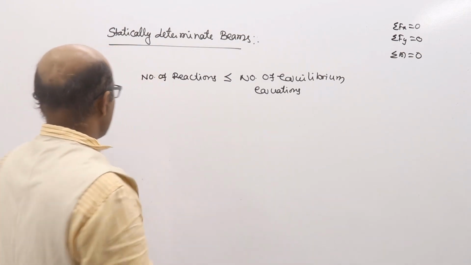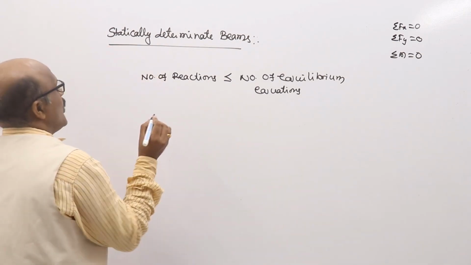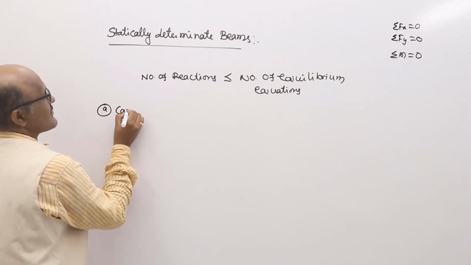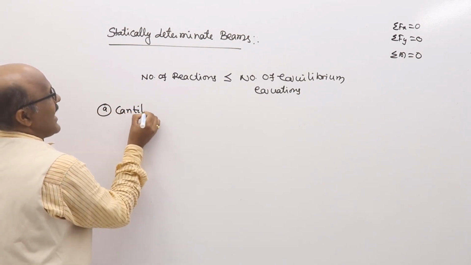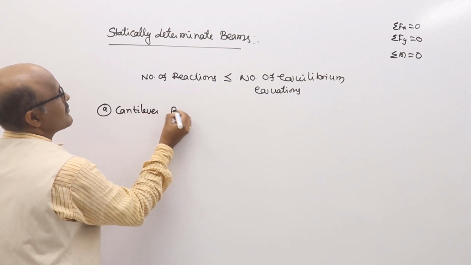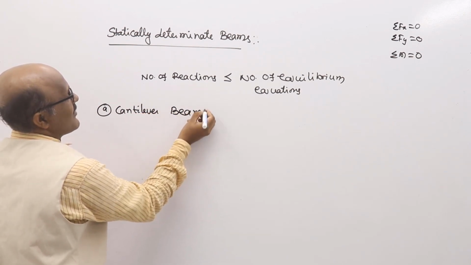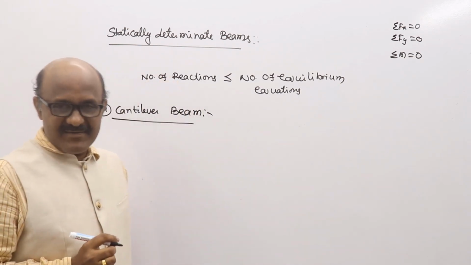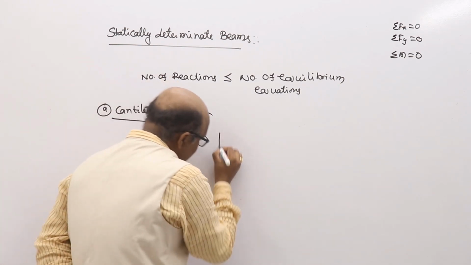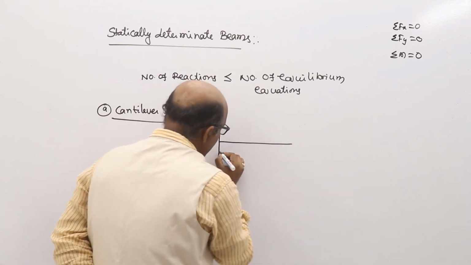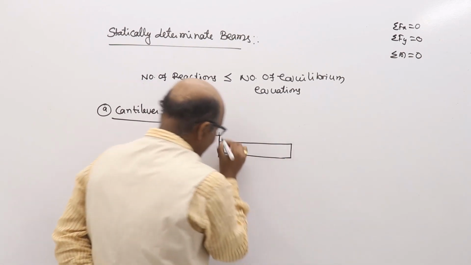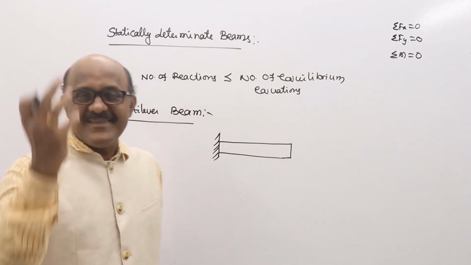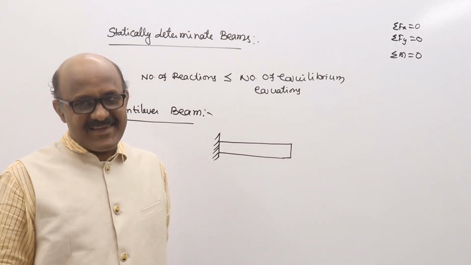First of all, under this, the cantilever beam, my dear students. What is a cantilever beam? A beam having one end fixed and the other end free is called a cantilever beam.